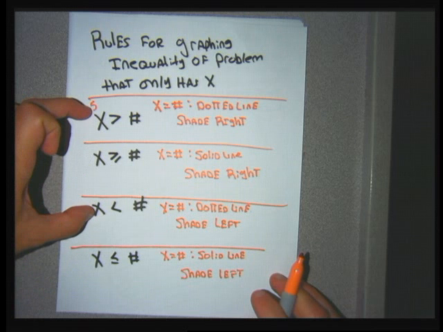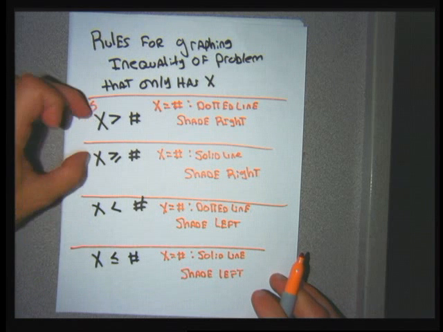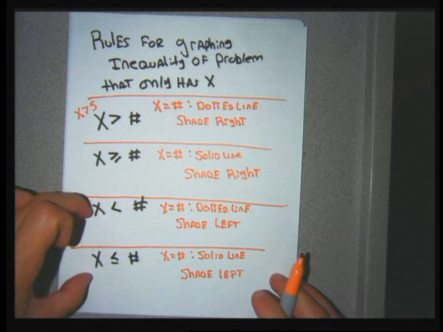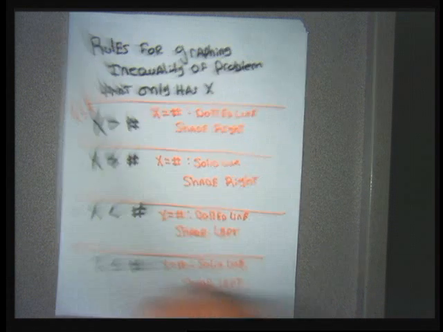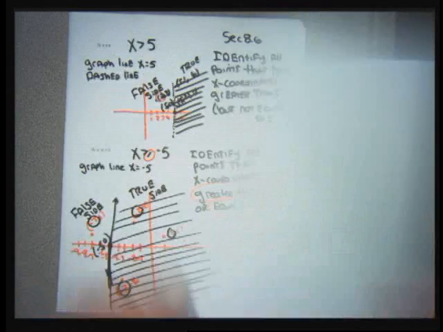Then I'm going to shade right if it's one of the greater thans, and shade left if it's one of the less thans. So there are hard and fast rules for graphing inequalities that only have x's, written in the form x is greater than some number or x is less than some number, which is all we're going to see for inequalities with only x's in our section.